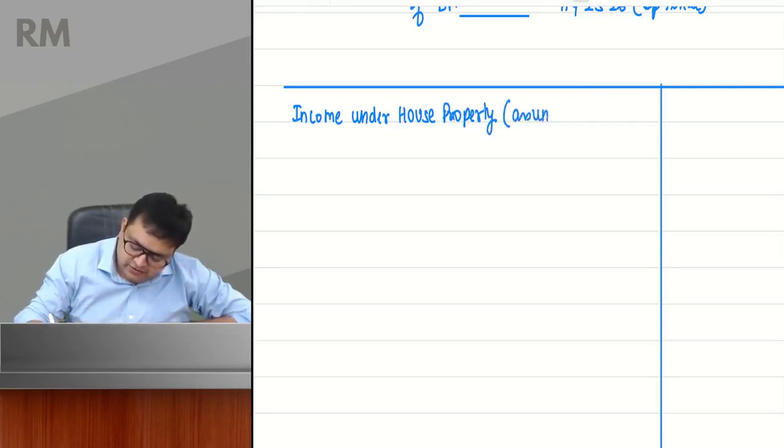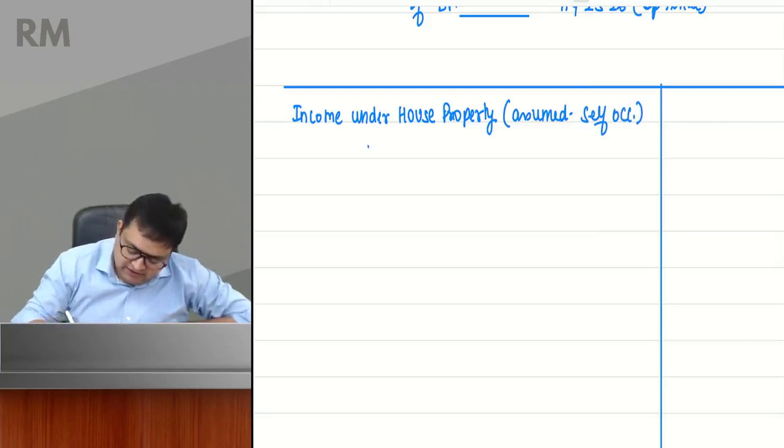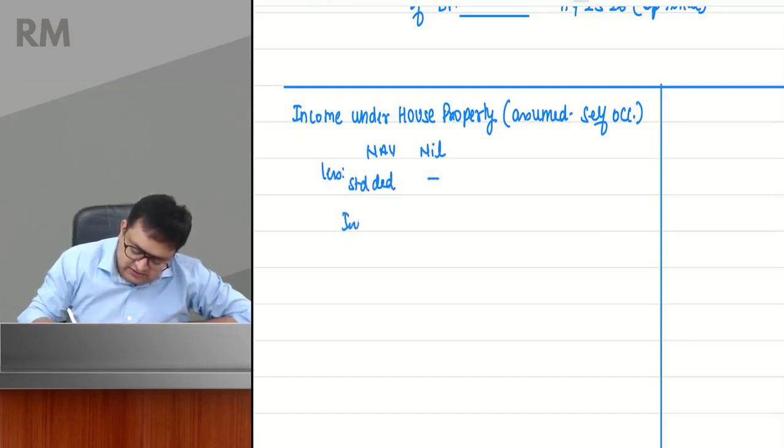It is assumed it's a self-occupied property. So the NAV of this property is nil, less standard deduction nil, interest on loan 30,000.